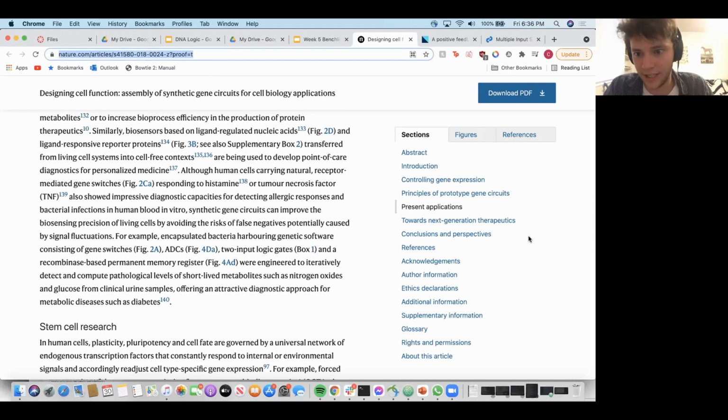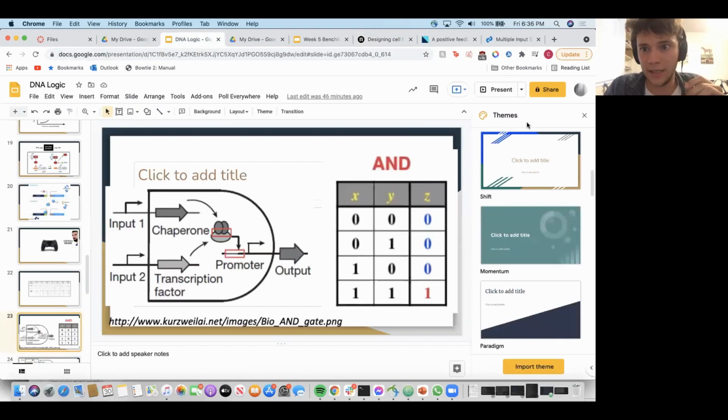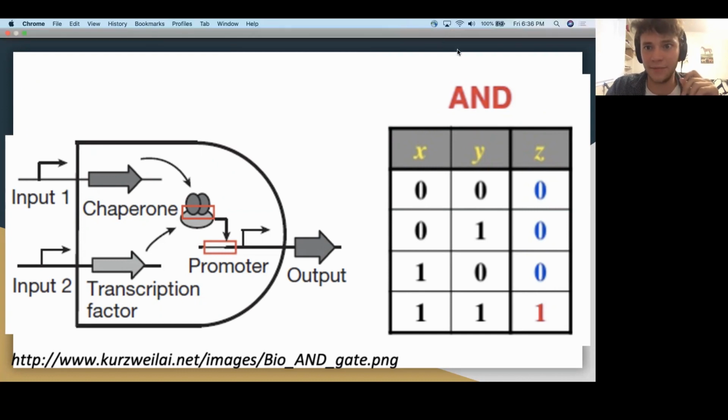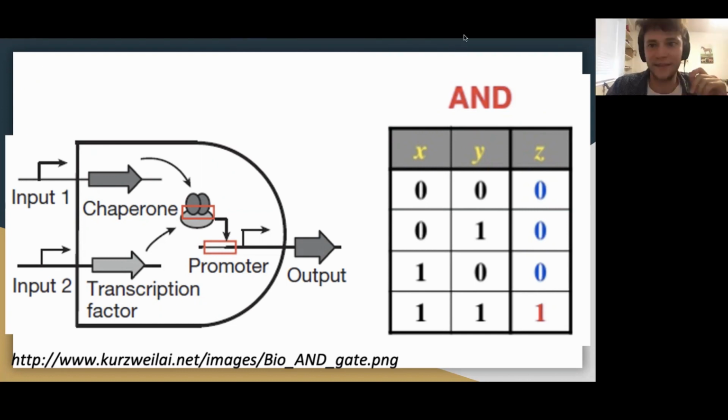Check this paper out. This will kind of go into a lot of them that we see. And so, yeah, a lot of these logic gates have been put into gene circuits. And you got to be creative, I think, to include some of them, but they're pretty cool.